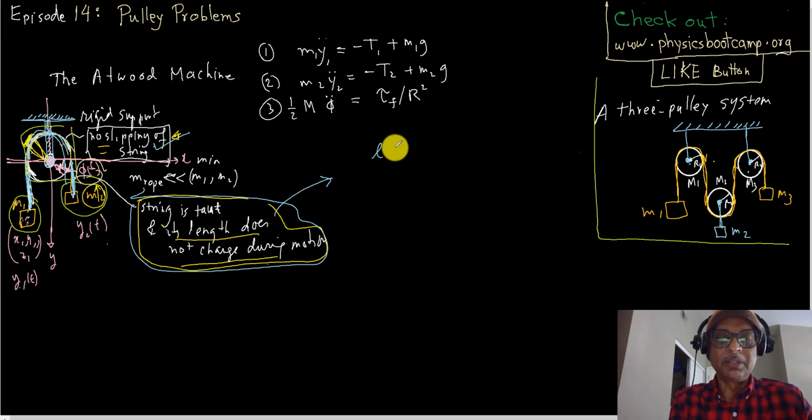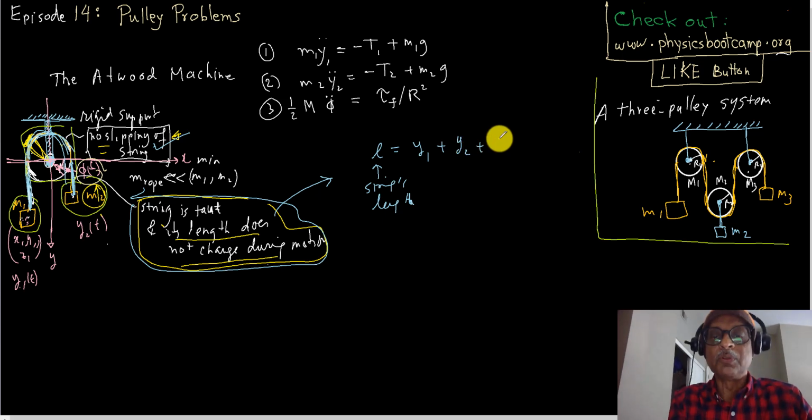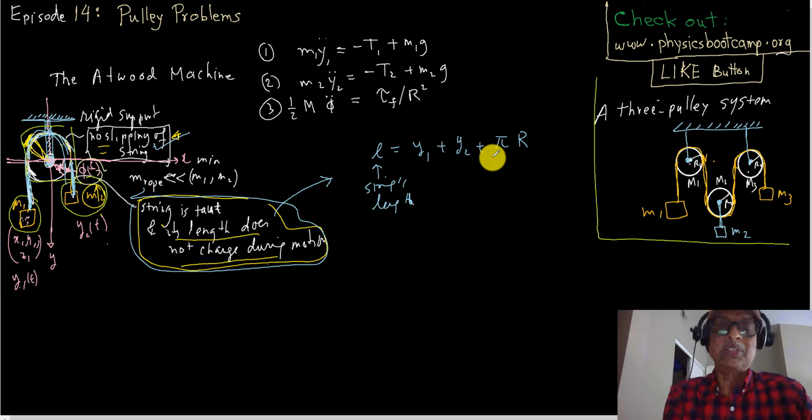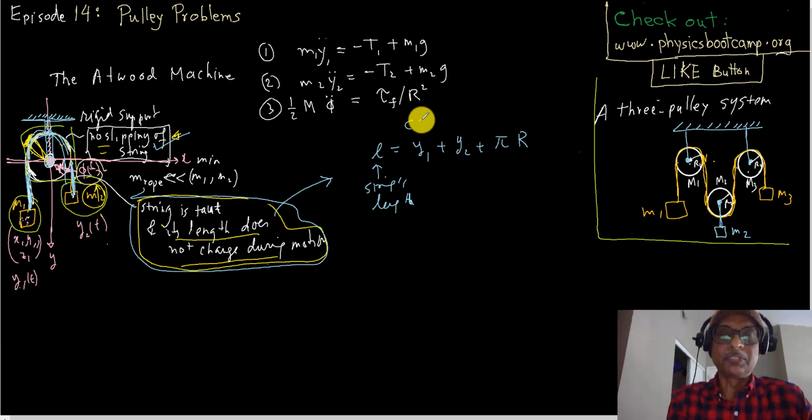So the length of the string equals y1 plus y2 plus pi times r. So this is called a constraint. This is one constraint.